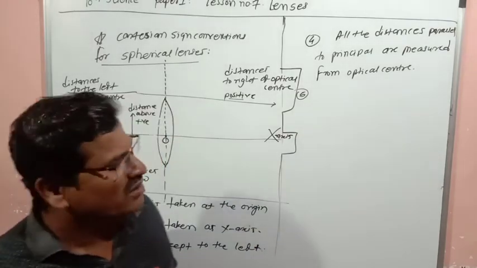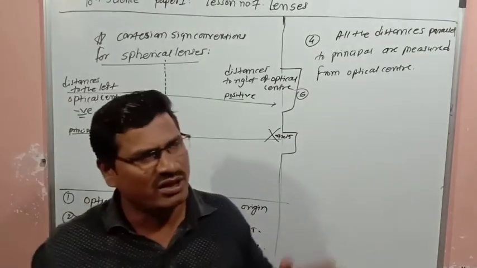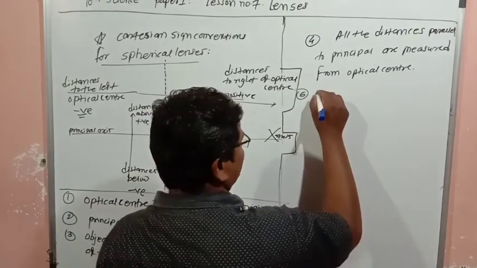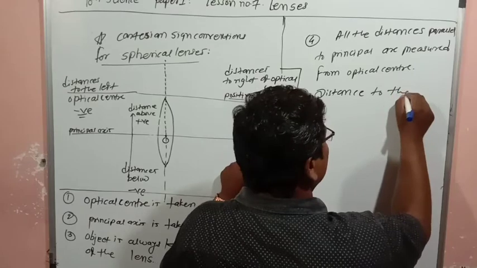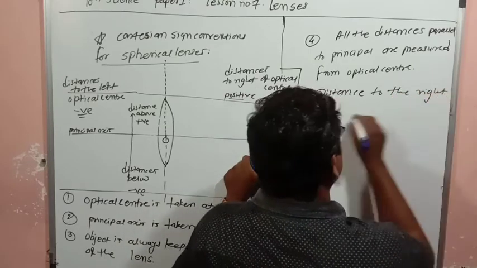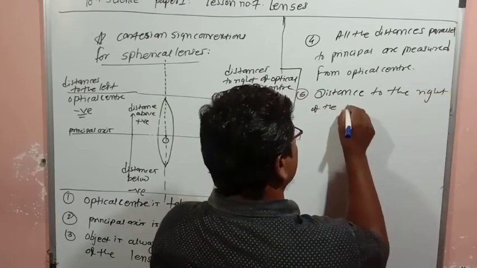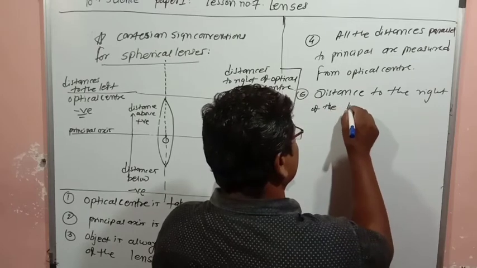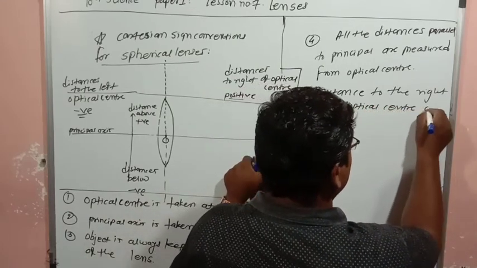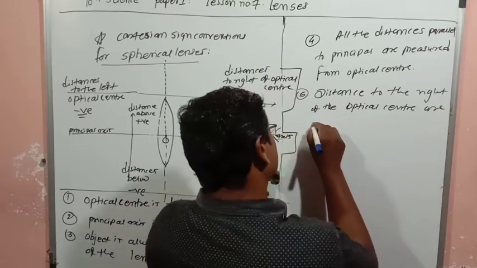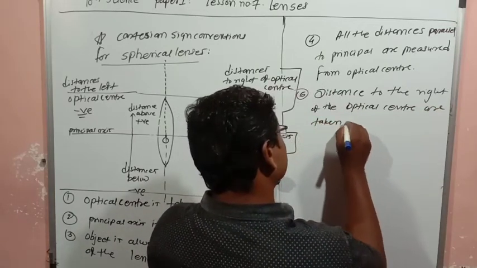Next, distances to the right of the optical center are taken positive.